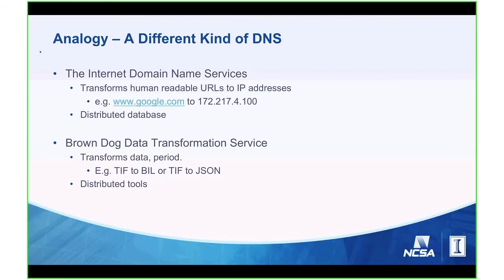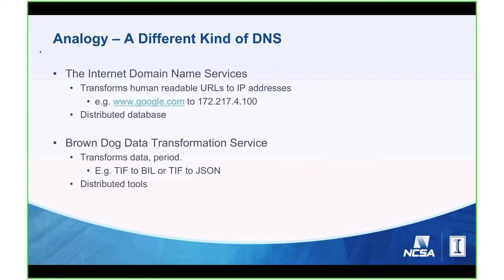For some people that's fine, for others that's not fine, and that's where the client applications come into play. But before I get into the clients, I just want to throw out this analogy. In terms of how this fits into the data infrastructure world of science or the internet of today, it's analogous to DNS. DNS is the domain name service, which if it was to ever go away, you would notice immediately.